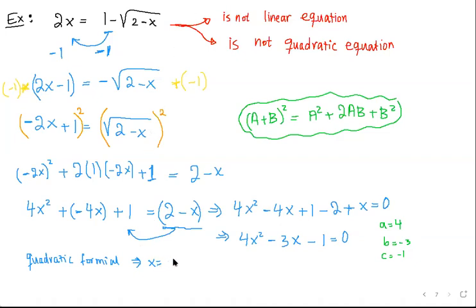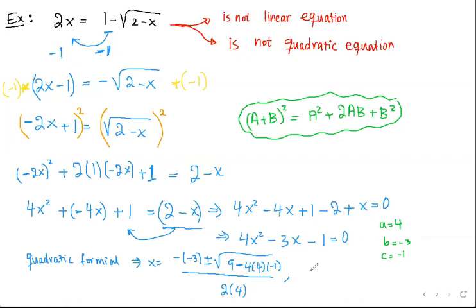It says x equals minus b plus or minus the square root of b squared, this squared, minus 4 times a times c, over 2a, 2 times 4.